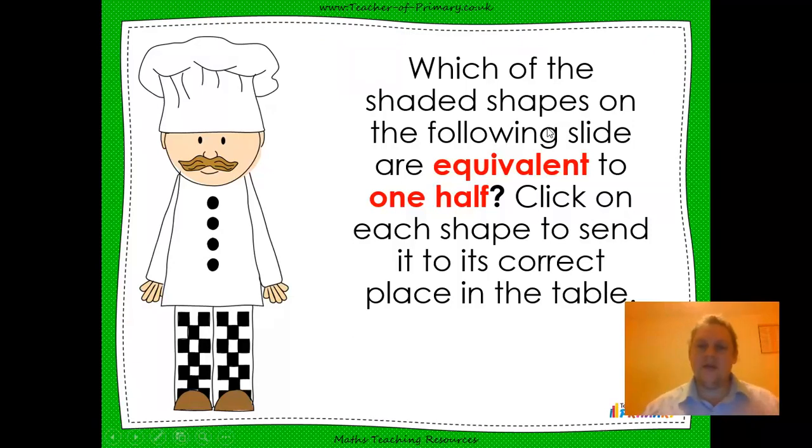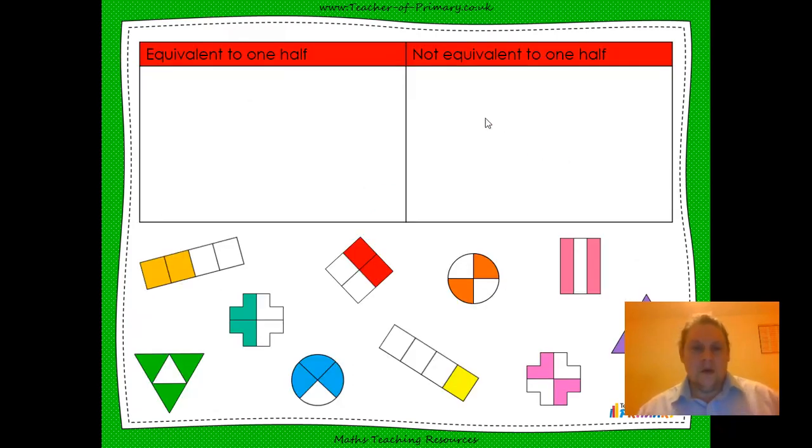Which of the shaded shapes on the following slide are equivalent to 1/2? Click on each shape to send it to its correct place in the table. So equivalent to 1/2. This one here, do we think this is equivalent to 1/2 or not equivalent to 1/2?